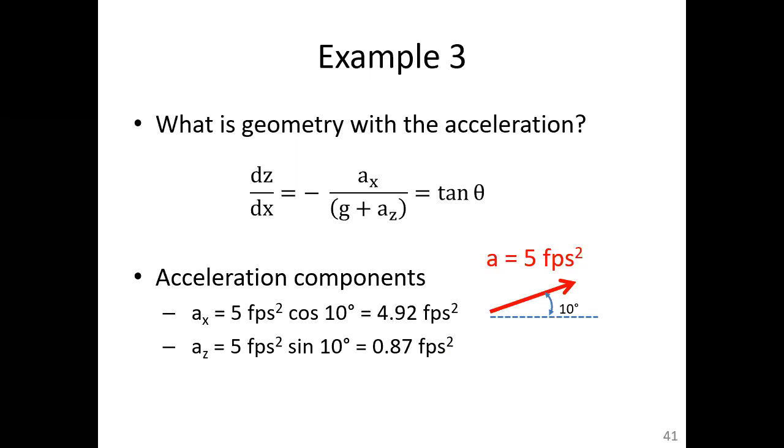So the acceleration can be broken into components, AX and AZ. AX, the horizontal component, is 5 foot per second squared times cosine of 10 degrees. And AZ would be 5 foot per second squared times sine of 10 degrees. So we have the two vector components of our acceleration field of 5 foot per second squared broken into X and Z components.